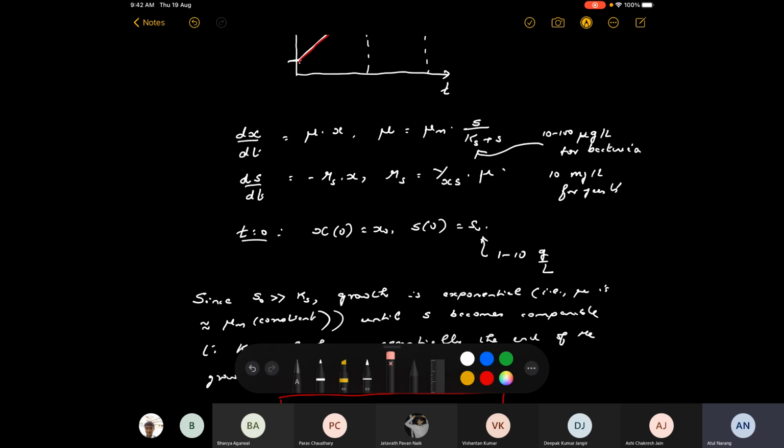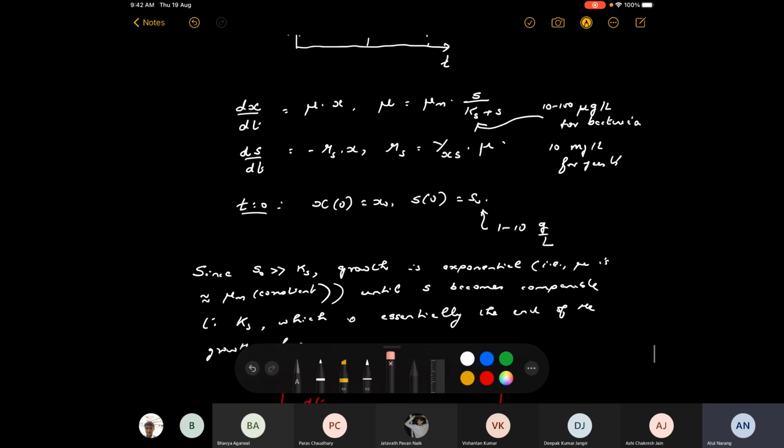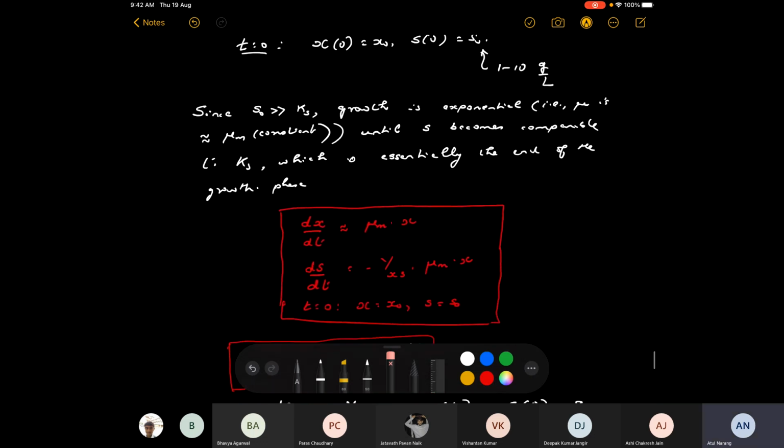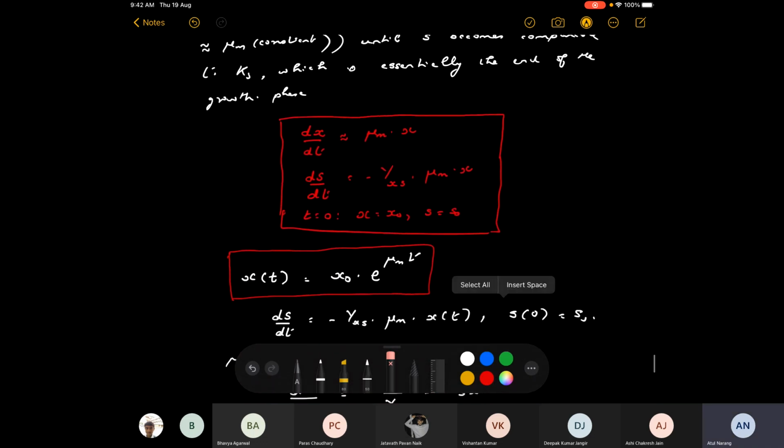And therefore, this ratio S over Ks plus S is certainly equal to 1 initially, and it remains equal to 1 for a very, very long time until S is nearly exhausted. Under that assumption, we reduce the system of equations to the equation shown in red, which says that dx/dt is equal to mu m times x, which simply says that the cells are growing at their maximum specific growth rate. Notice the dependence of mu on s has disappeared.